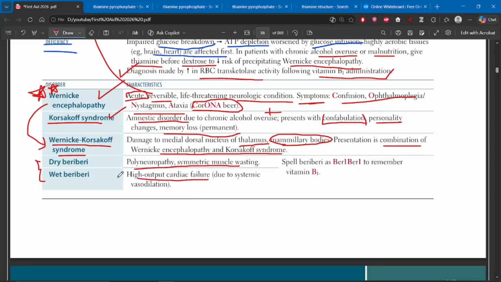Blood is wet. So you can remember wet beriberi by blood, and heart has a lot of blood, right? So blood is wet, and of course dry being the nerves, because nerves don't have blood. So you can remember it like that.